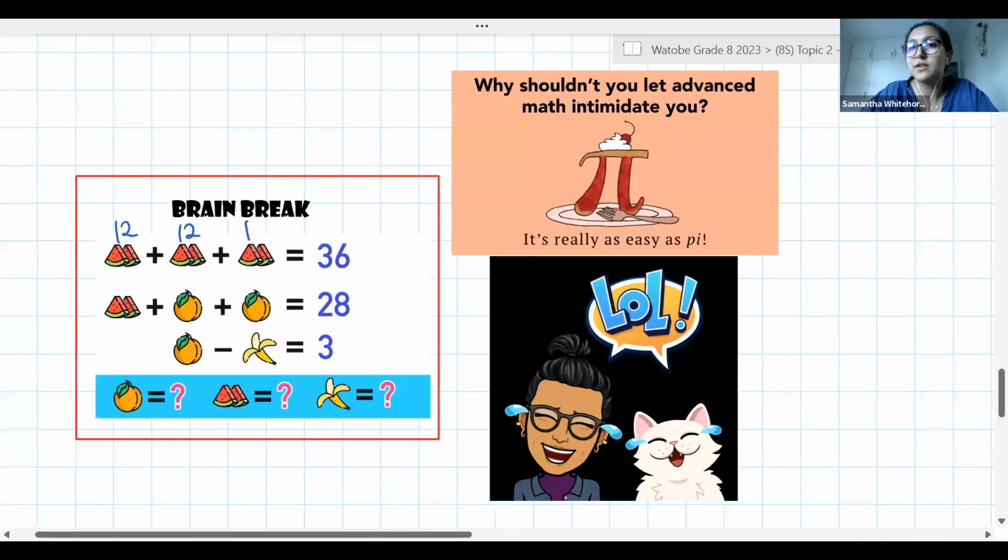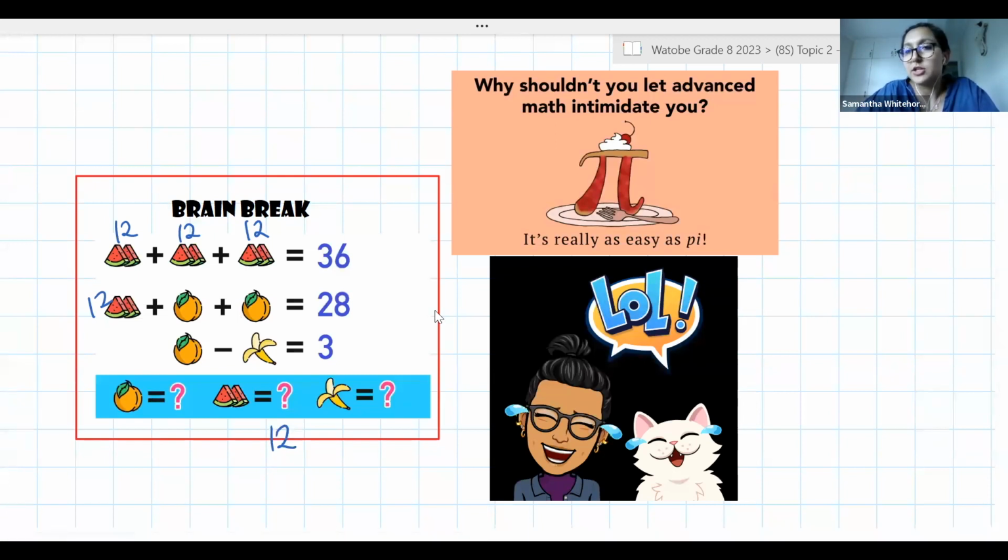So let's solve it like we would equations. We know that if we're adding the same thing 3 times, if we divide 36 by 3, we are going to get 12. Now we know that every time I see a watermelon, I have the value 12.